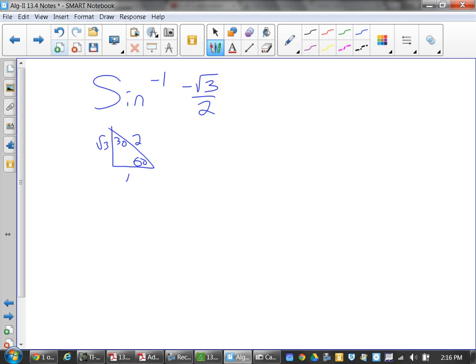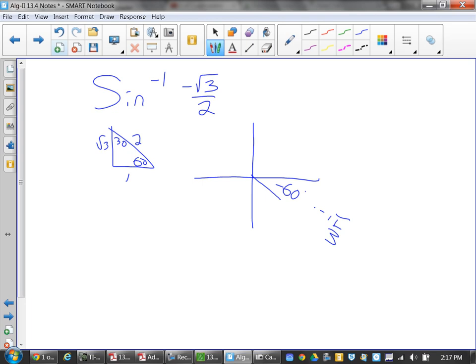Which angle has √3 over 2? 60. Now here's the thing. When you're looking at where you're placing it, since I have a negative sine value, that means I'm this direction. And my answer is -60 degrees or -pi over 3.